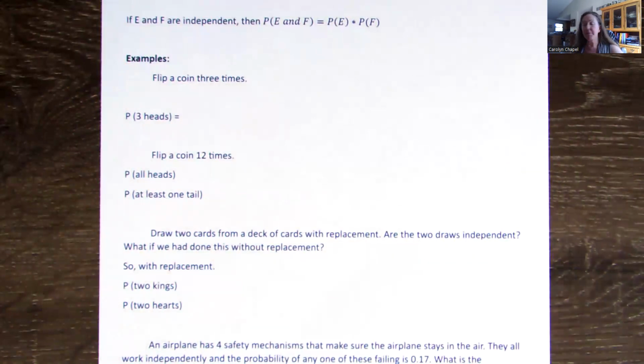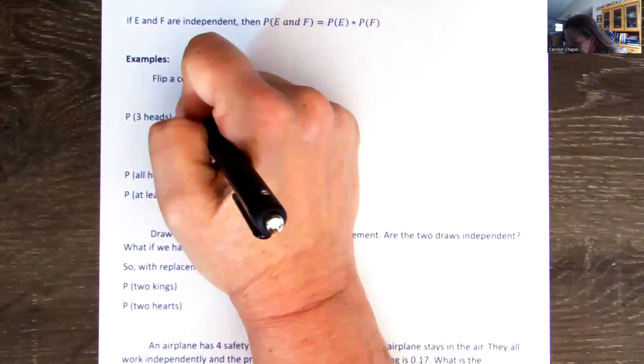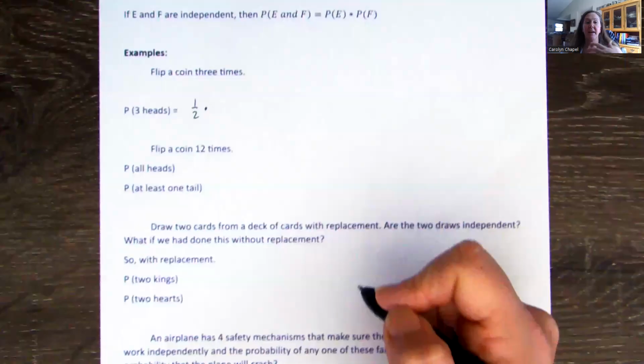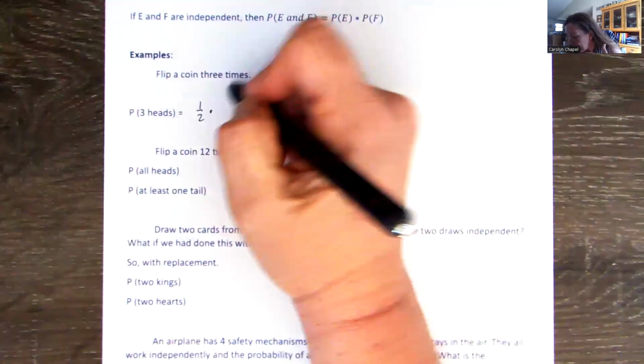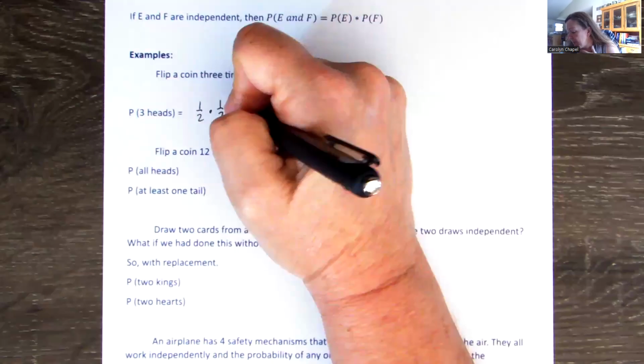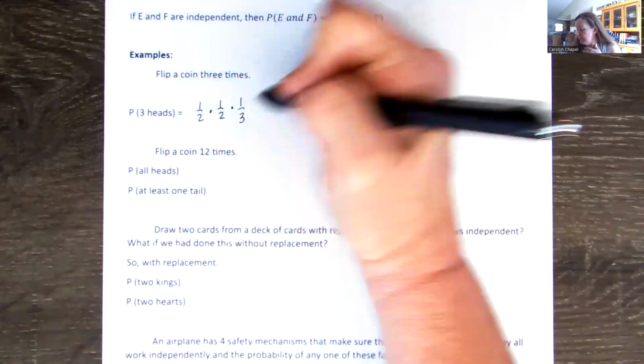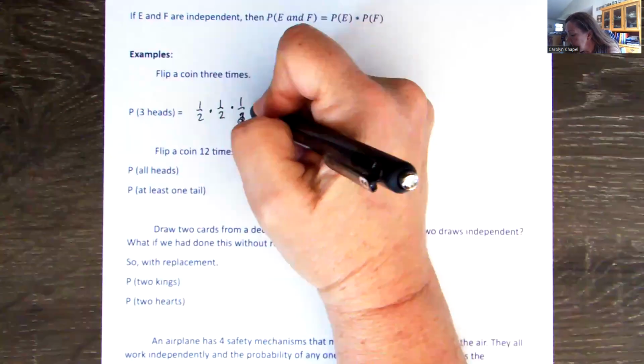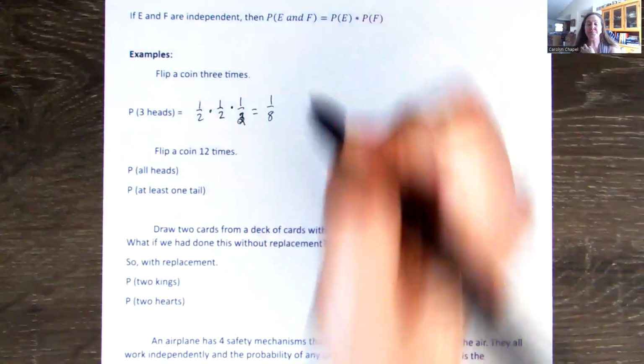To get the probability of getting 3 heads, we would say, what's the probability of getting a head on that first time? Well, that's 1/2. The probability we get a head on the second one is also 1/2 because it's not going to change. And the probability of that third head is also 1/2. Multiplying those across is 1 out of 8.